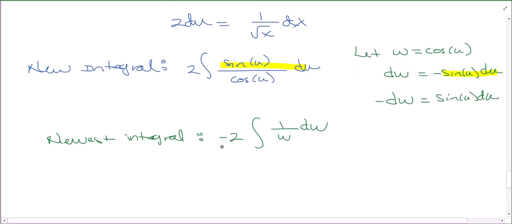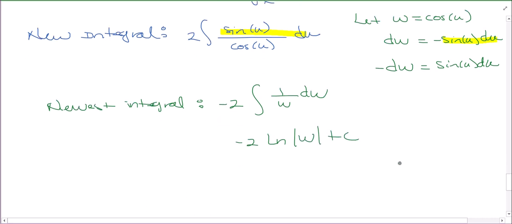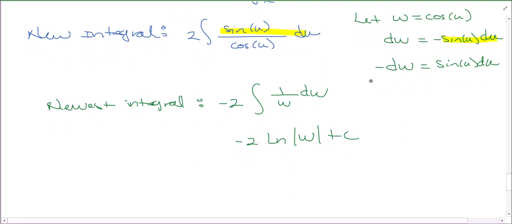And what's the antiderivative of 1 over w? Right now, this is something that I know how to do. The antiderivative of 1 over w is the natural log of the absolute value of w plus c. And now we just go back and substitute. We backtrack. Our substitution for w was cosine of u, so minus 2 natural log of the absolute value of cosine of u plus c.